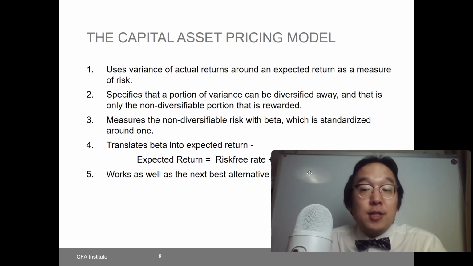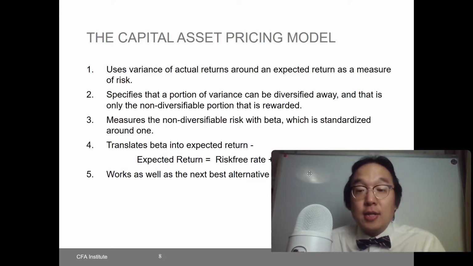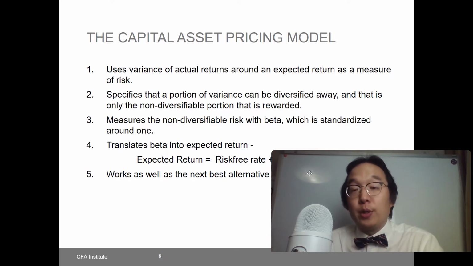Which part of risk is rewarded versus which part is not rewarded? Something that is diversified away, something that is not diversified away. If it is non-diversifiable, then it should be rewarded somehow in the market.